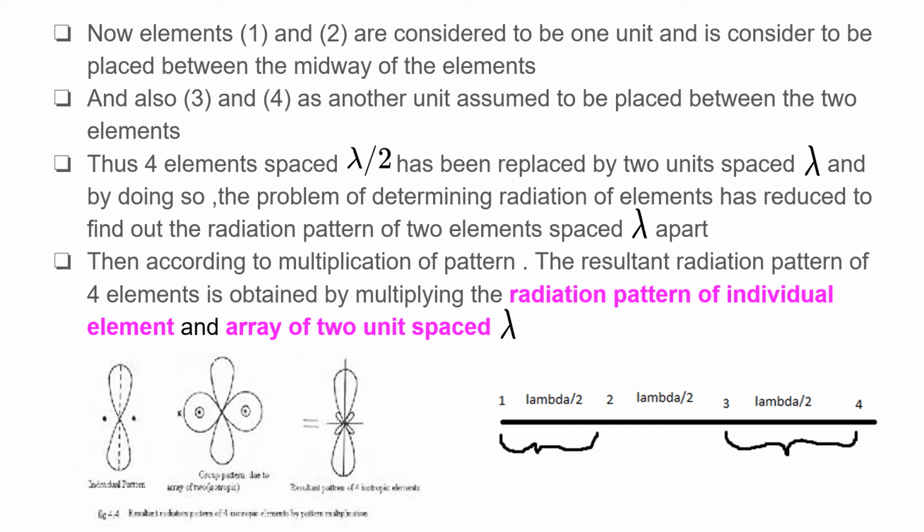Individual pattern means individually we are considering each unit to have two isotropic arrays spaced at a distance lambda by 2, for which we know the radiation pattern is going to be a doughnut shape, that is this pattern, the individual pattern. And if you have two units which are spaced at lambda, then this second diagram is the radiation pattern. So combining these two, we can get the total field pattern, which is a figure-8 pattern with 4 side lobes.